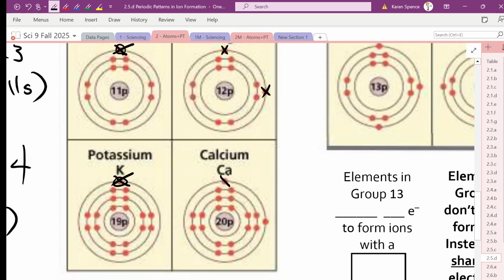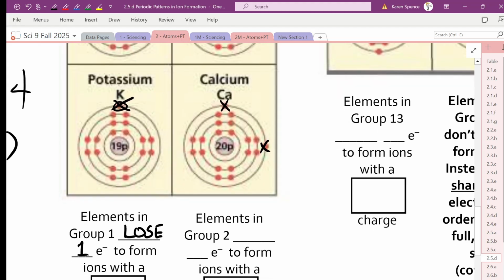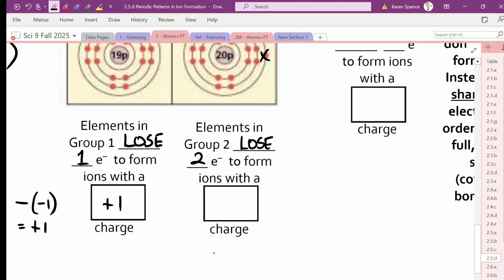Hasta la vista. And auf Wiedersehen. There we go. Cool. All right. And so they tend to lose 2 electrons. And what charge do they form? If you lose -2, you become +2.